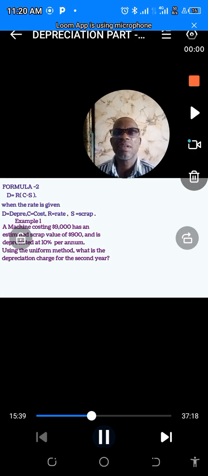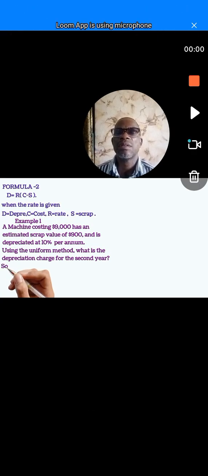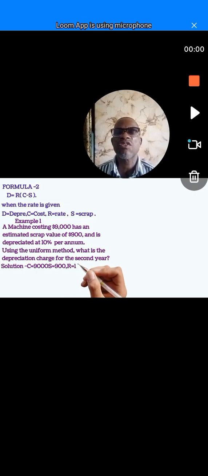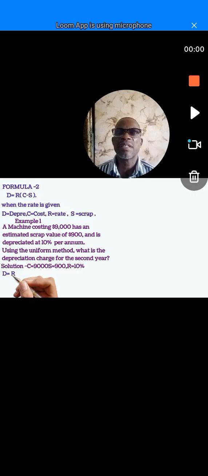Solution: C is equal to 9,000, S is equal to 900, and the rate is 10%. 10% will be converted to decimal. That's 10% is going to be 0.1.